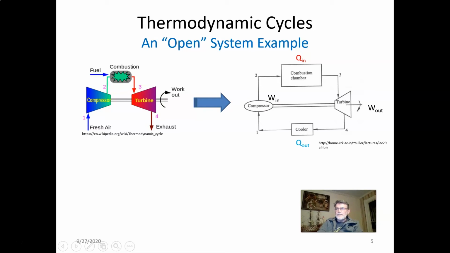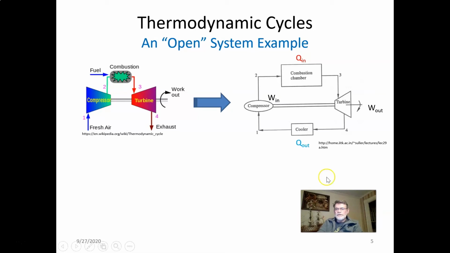You see there is a shaft between the turbine and the compressor. So when the work is produced here, it also provides the work to move the compressor. Yes, they are connected by a shaft.